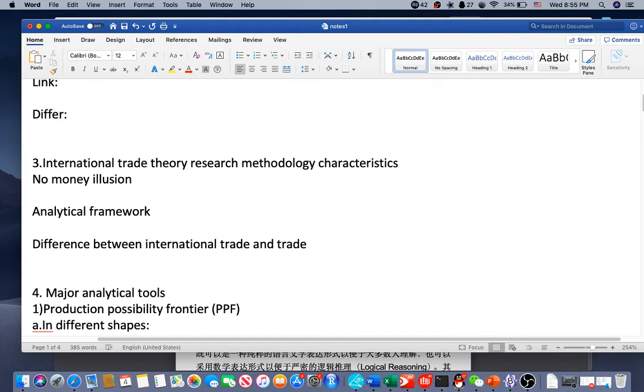Trade theory is static or comparative static analysis, while international trade adopts general equilibrium analysis and empirical study. The time factor seldom shows up in international trade analysis.